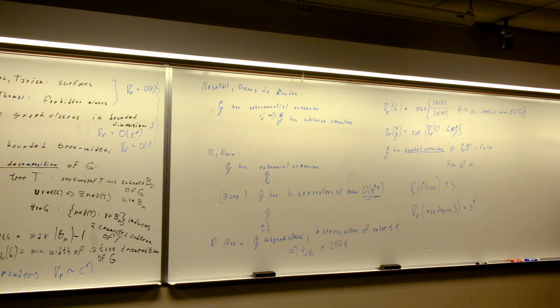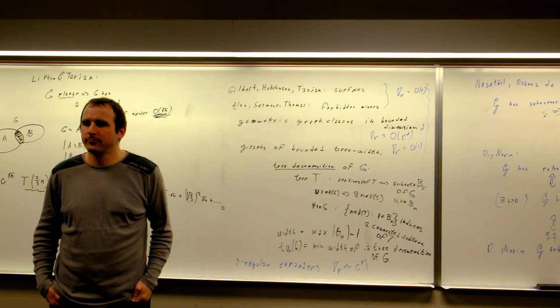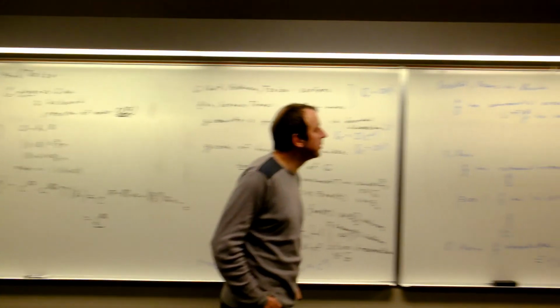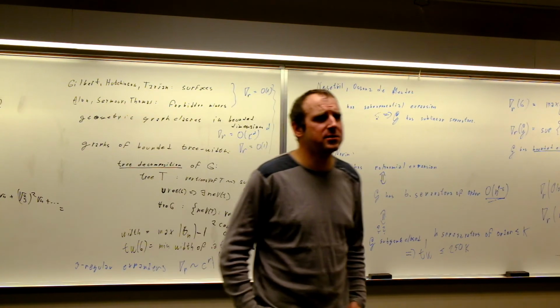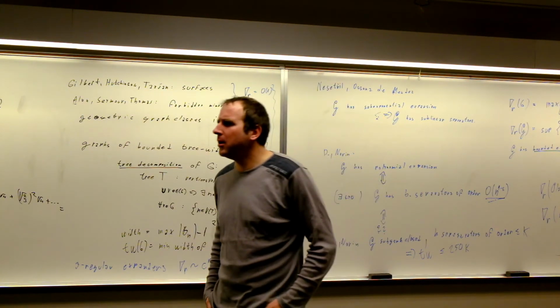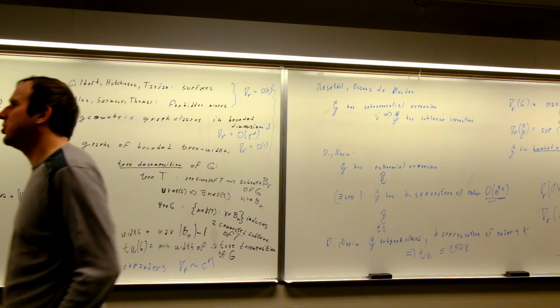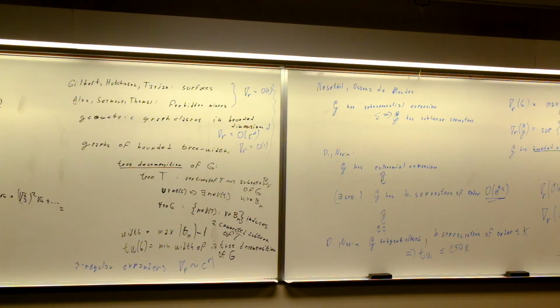I do have a quick question. Are you able to describe the counterexample graphs for the de Mendes result? You take, let's say, a three-regular expander and subdivide each edge by log n vertices.